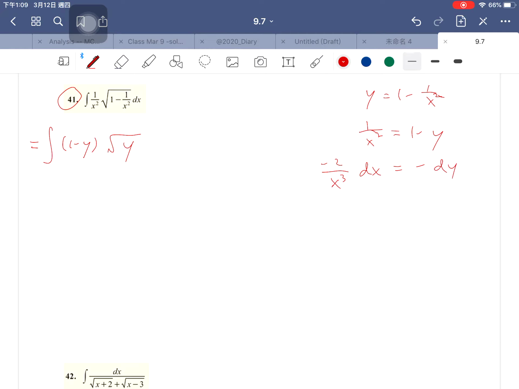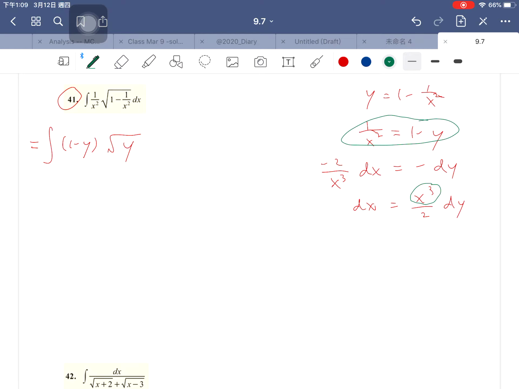minus dy. So dx becomes x cubed over 2 dy. But what is x cubed? Again, if you want to change the x cubed, you have to use this one.